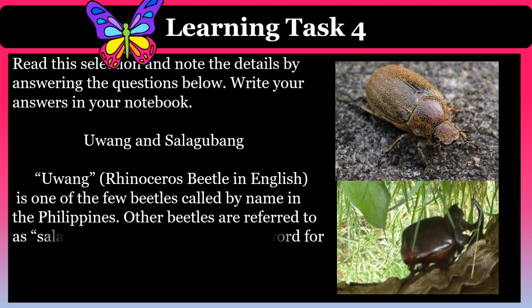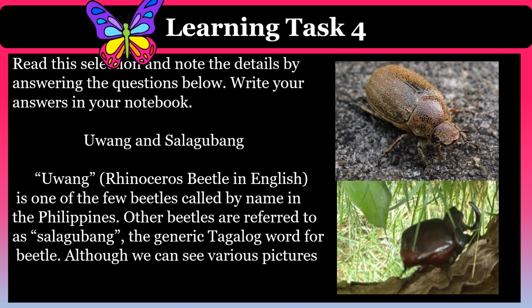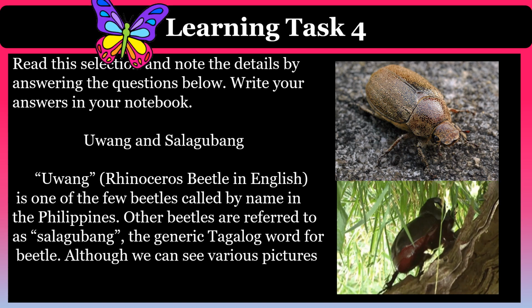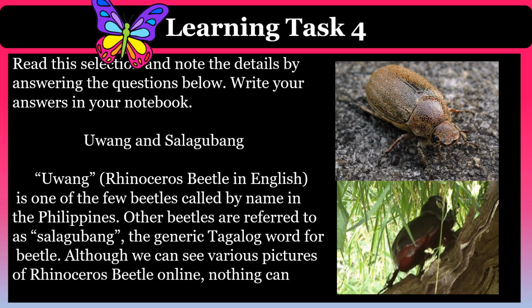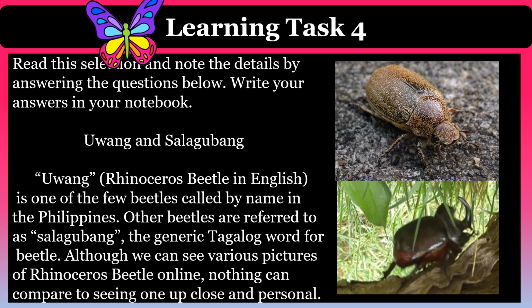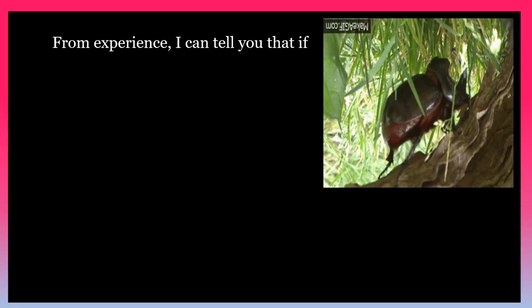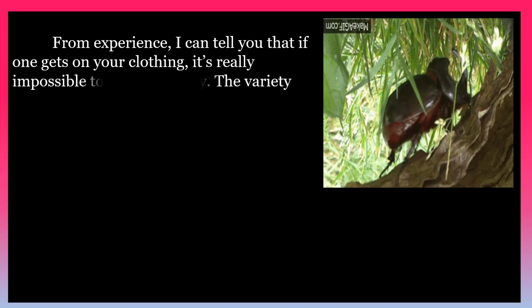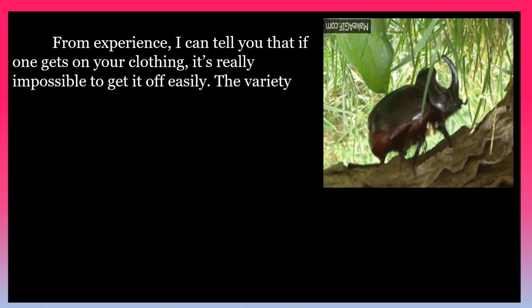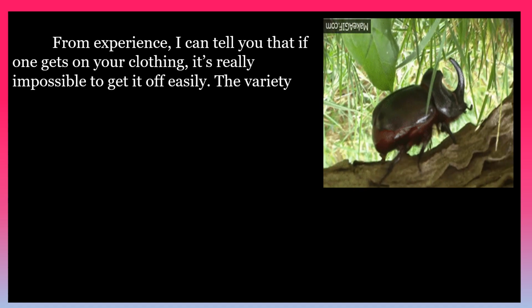Other beetles are referred to as salagubang, the generic Tagalog word for beetle. Although we can see various pictures of rhinoceros beetle online, nothing can compare to seeing one up close and personal. From experience, I can tell you that if one gets on your clothing, it's really impossible to get rid of easily. That means you cannot remove easily.